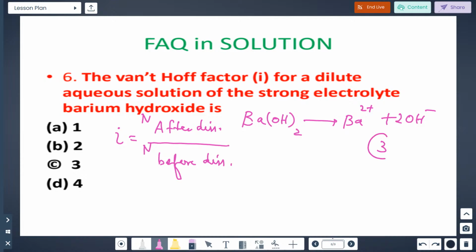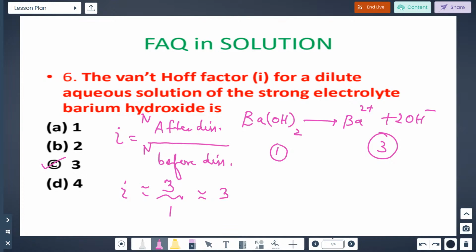We have 3 particles. Understood? Before dissociation, it is considered as one molecule, so it is not dissociated. Generally, we consider it as 1. So the number of particles after dissociation is 3, and before dissociation is considered as 1. So the answer is 3. So the i value is 3. So among these, option C is the correct answer.